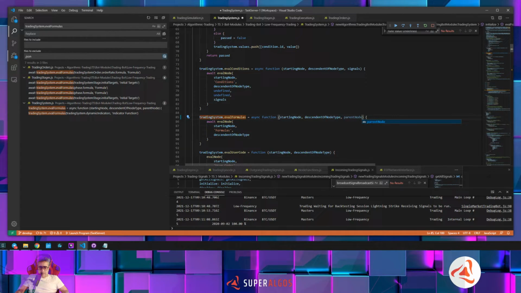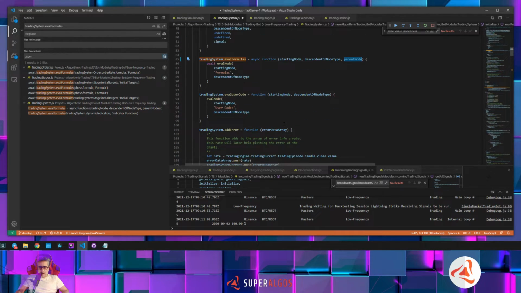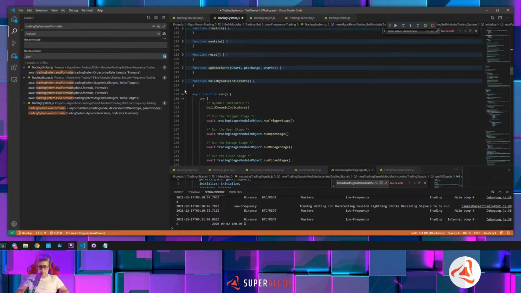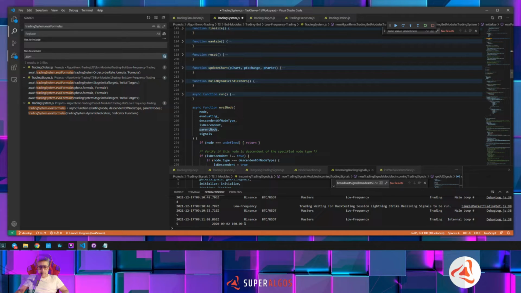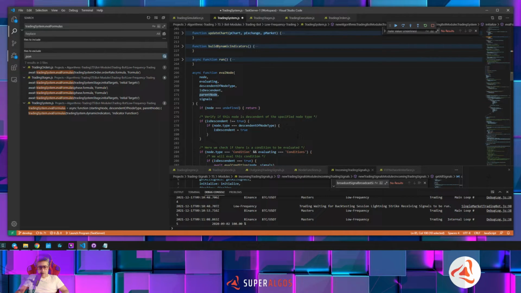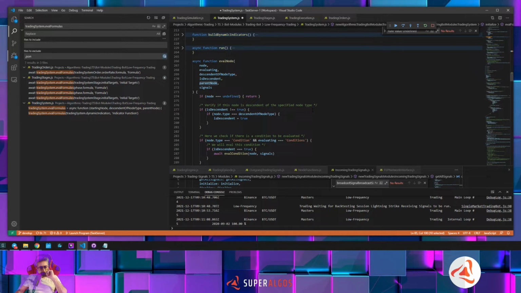So if the parent node comes here, then the eval node verifies this node is descendant of the specified.